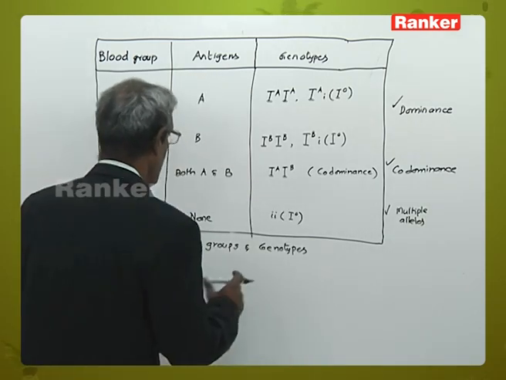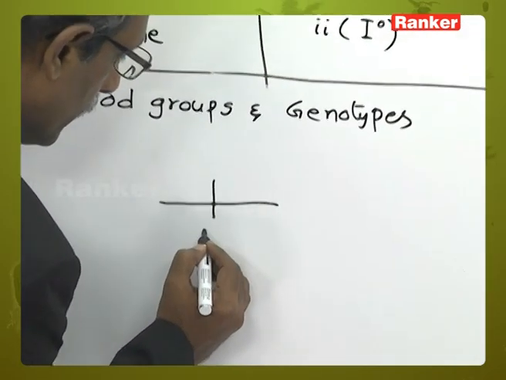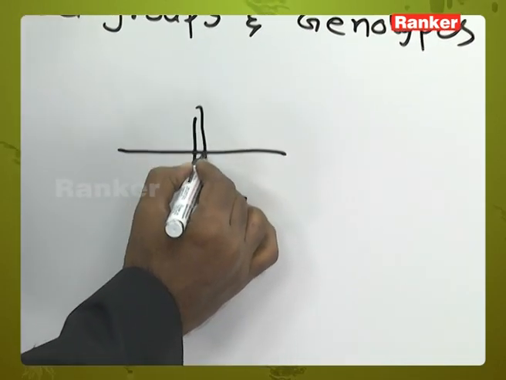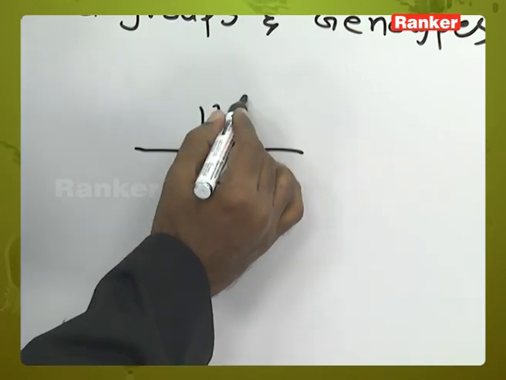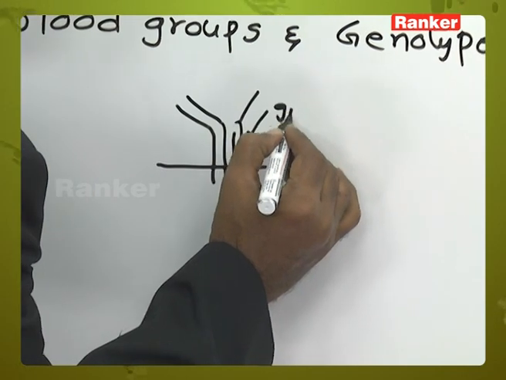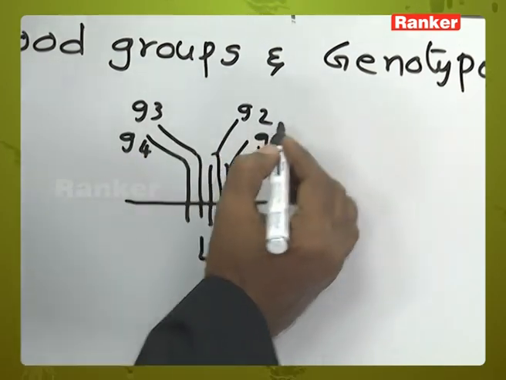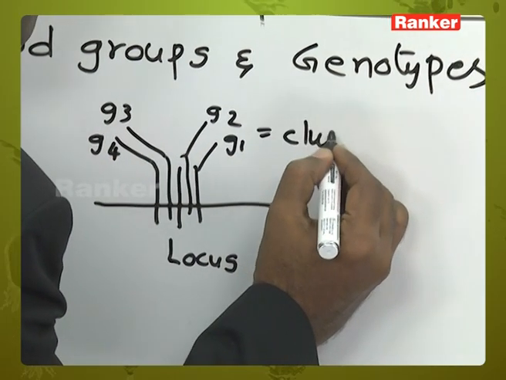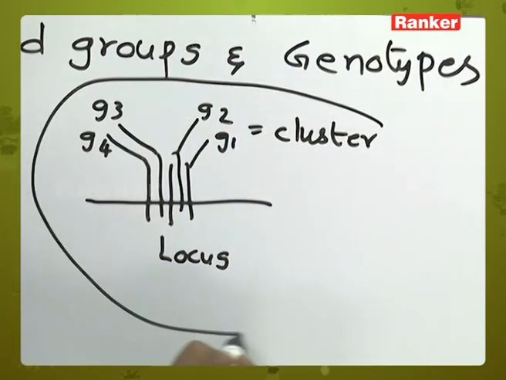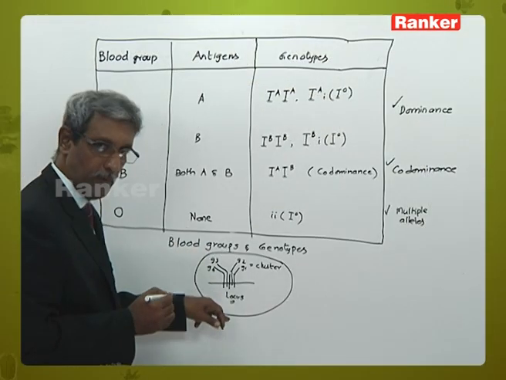So in multiple alleles, we have the situation wherein this is the locus and we have a set of genes present over here. So we have a gene cluster, a gene cluster which is present at a specific locus, only the same locus.